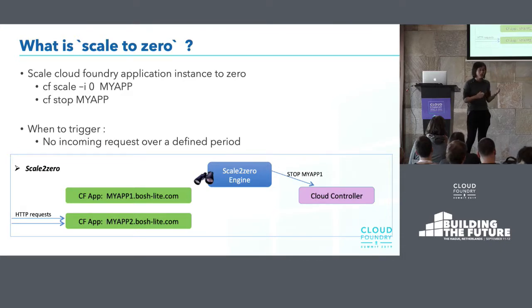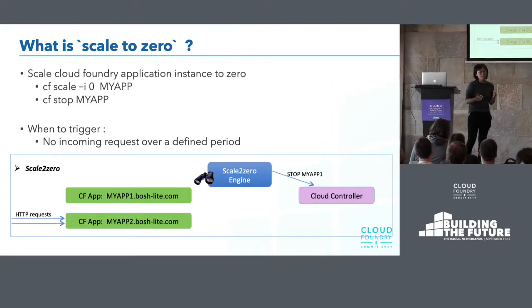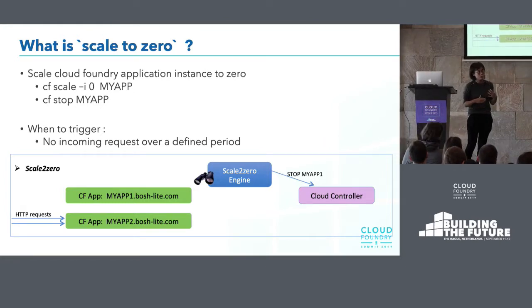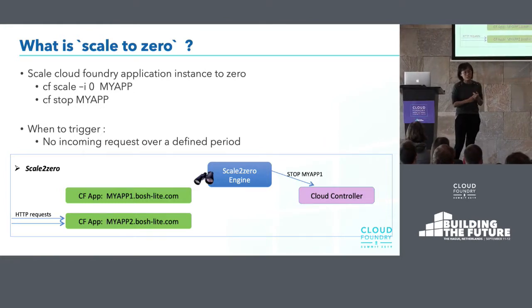If you don't need an application anymore, you can stop it or delete it completely. Or if you are just running a task or job, you can use cf run-task. With that command, Cloud Foundry will terminate the application container once the task is finished, so that you don't need to worry about additional effort or cost.